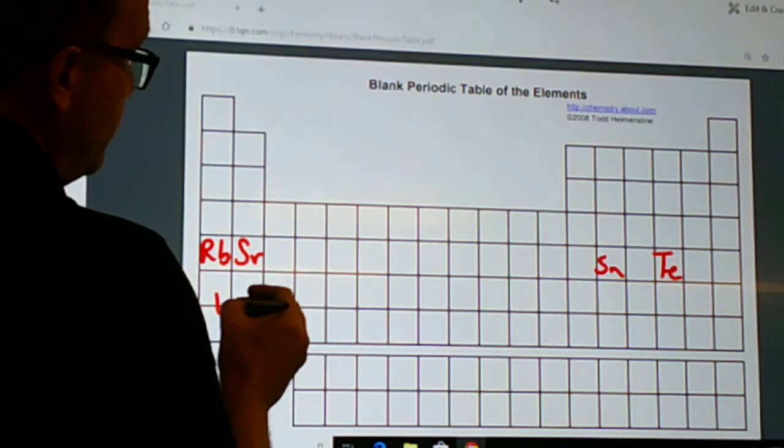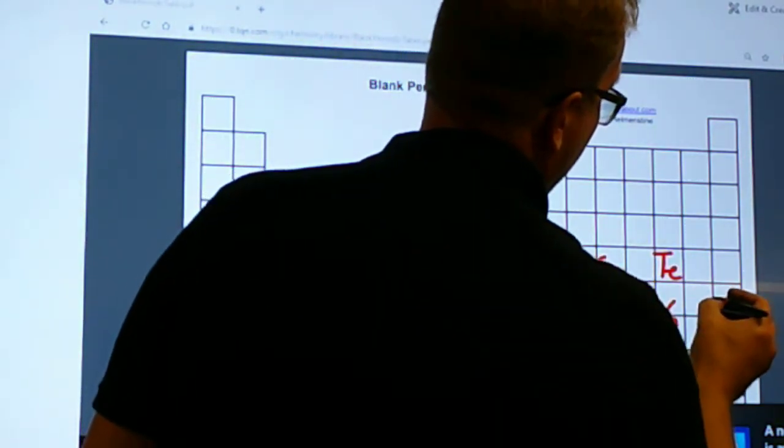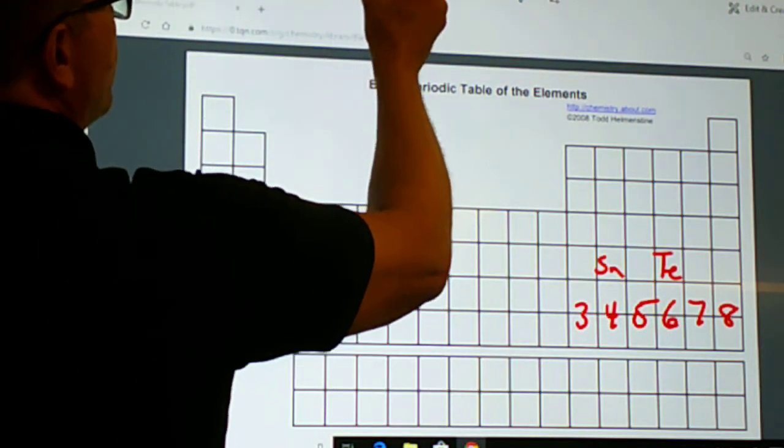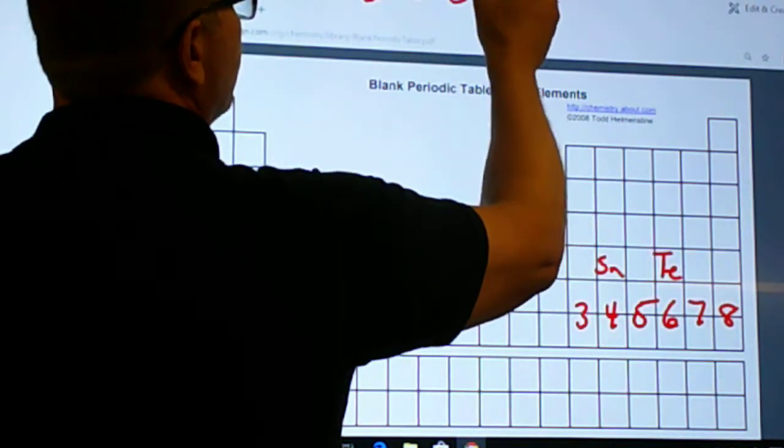You got 1, 2, 3, 4, 5, 6, 7, 8. Let's say I want to know my highest increase between my first to second ionization energy.